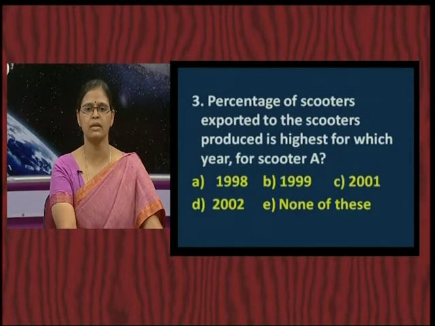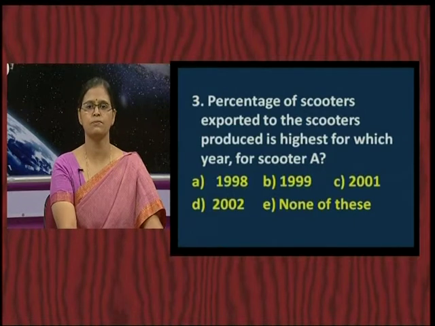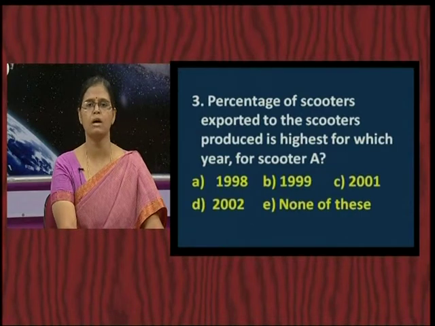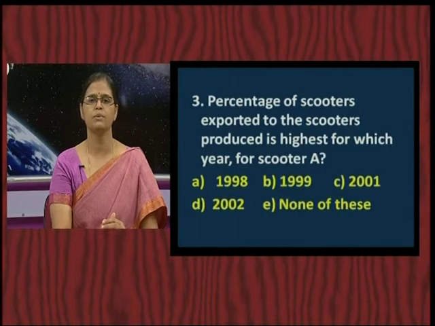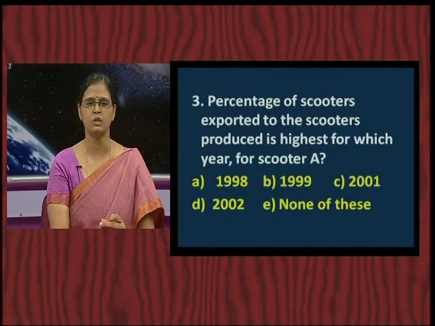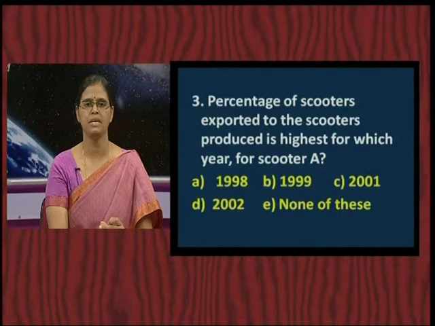He is asking us to calculate the percentage of scooters exported to scooters produced. When you are computing the column totals, the first column total speaks about the number produced in type P. The second column total speaks about the number exported of type P.